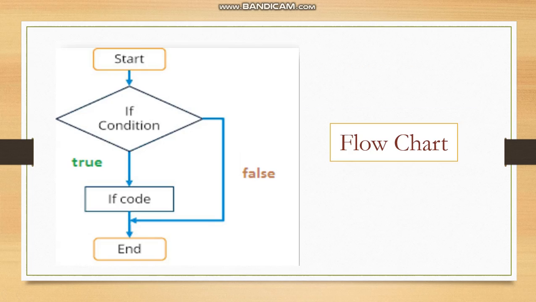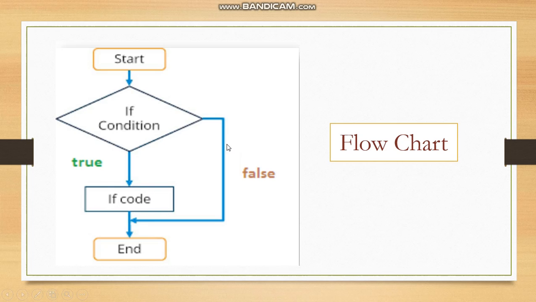We will try to understand this with the help of this flowchart. So what do these conditional statements actually do in our programming? Firstly, the program starts and then checks the condition. If the condition is true, then it will execute the if block, and it will execute all the instructions written under this if block.